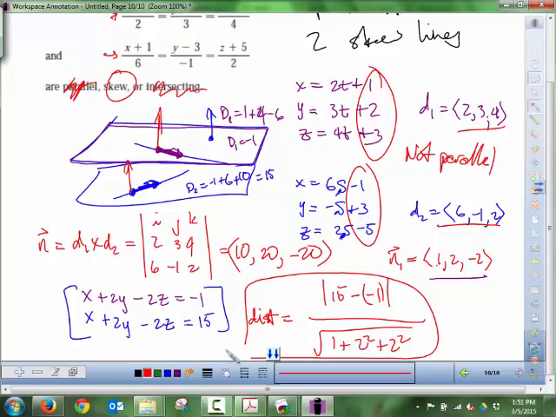Okay, then simplify. Now, if you didn't scale this down to 1, 2, negative 2, you kept it as 10, 20, negative 20, just follow through that either in your head or actually do it later on. You'll see when you take the D, that would also be scaled by 10 for both of them. And so when you write your equations, this would be 10x plus 20y minus 20z is equal to negative 10, and 10x plus 20y minus 20z is equal to 150.